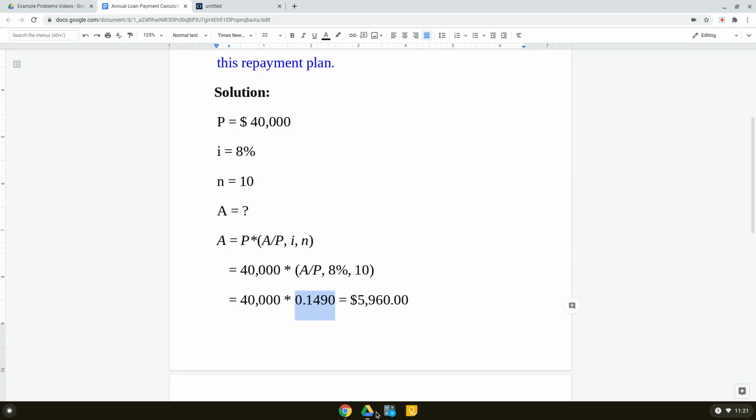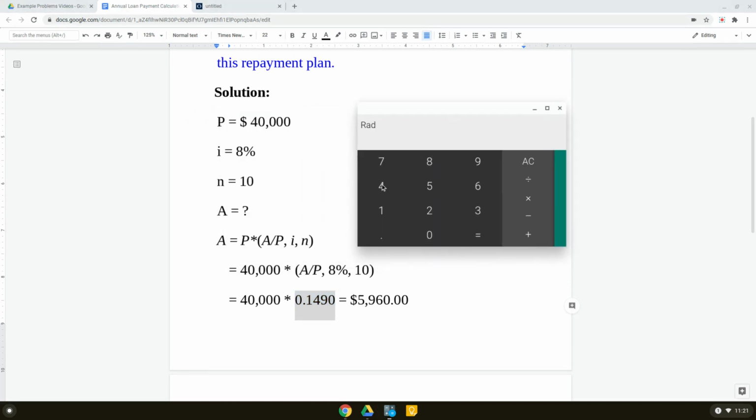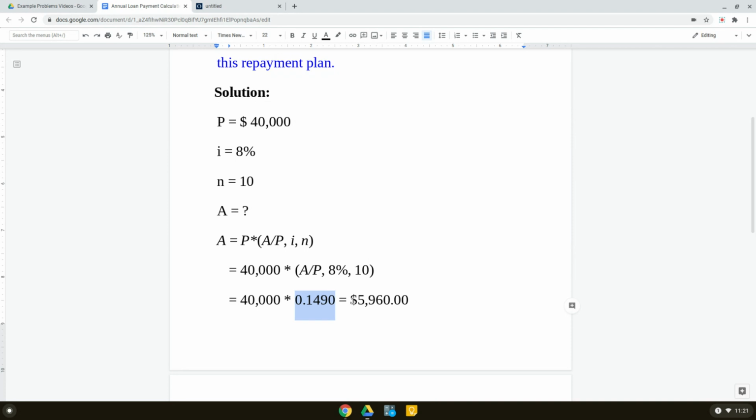If you do simple multiplication, you should get the answer. 40,000 multiplied by 0.1490 should give you 5,960.